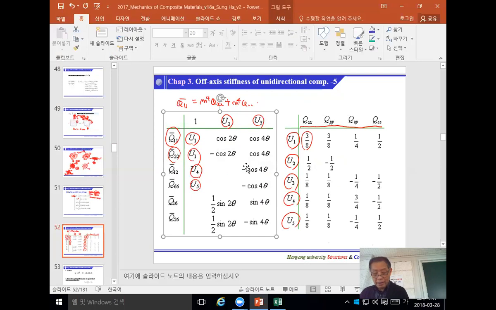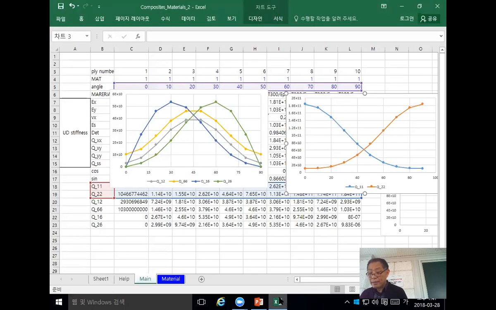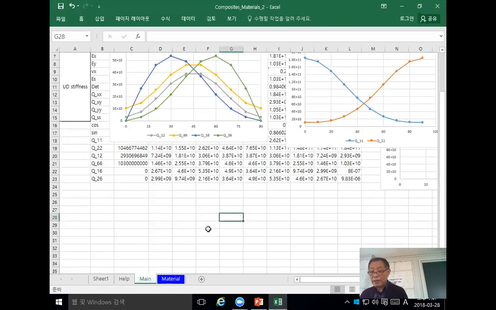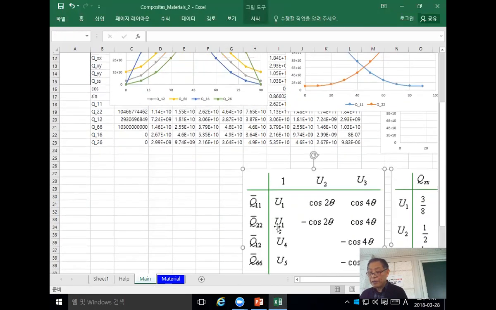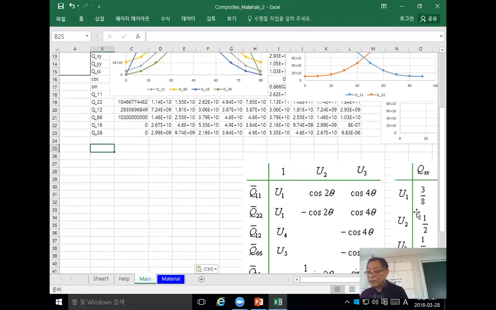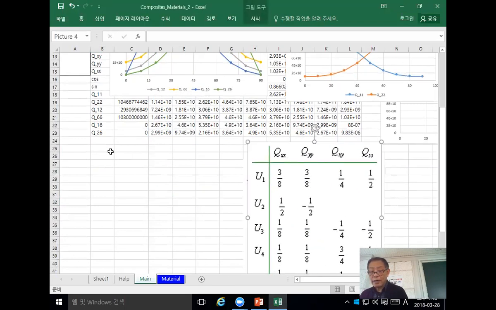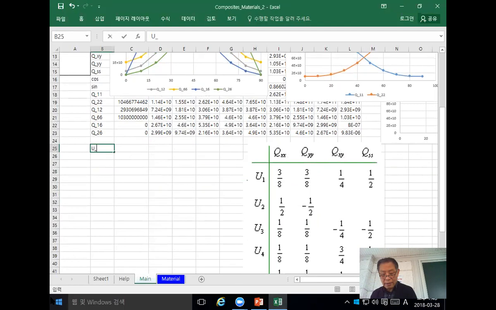Well, let's do that. We just copy here and see, what is this guy? U1, U2. Not much important, but you need to understand, instead of U1, I used U underbar 1.